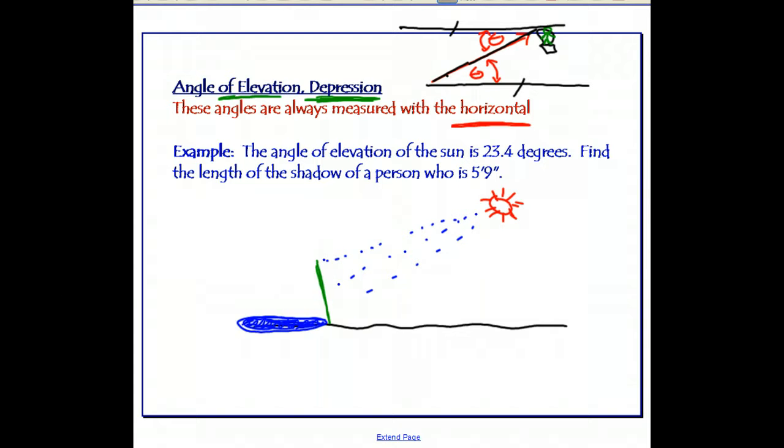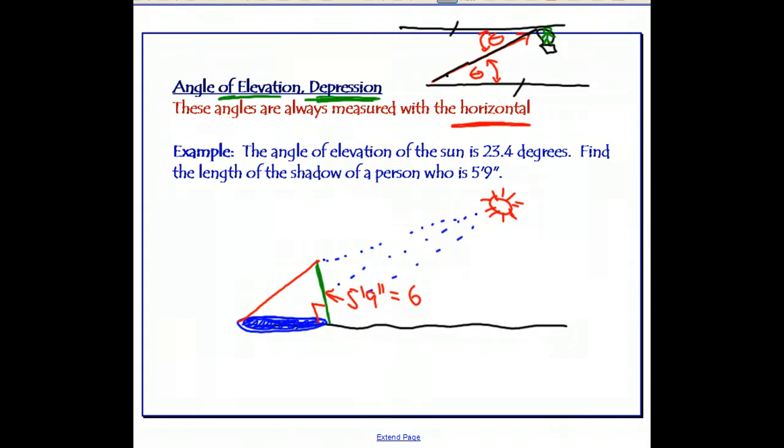If we could just come up with the right triangle, if we could find 3 things in the right triangle, we could find this guy's shadow. So let's draw this line right here, and I think I see a triangle. I think I see a right angle. I wish I could label 2 more things in this triangle. Oh wait, the guy's height, right there, 5 feet, 9 inches. I know in a foot there are 12 inches, so 5 times 12 is 60.